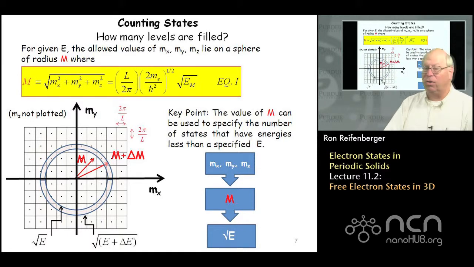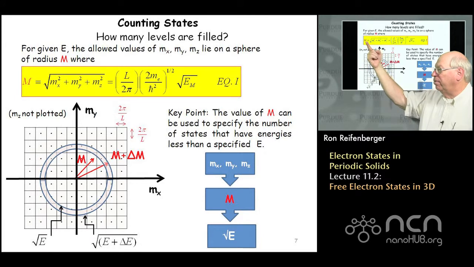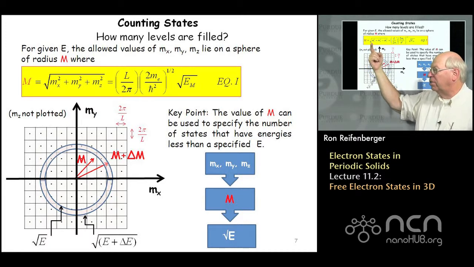And the way we do that is we use the combined quantum index capital M, which is now going to be the square root of mx, my, and mz squared. We use this to count our electron states, right?